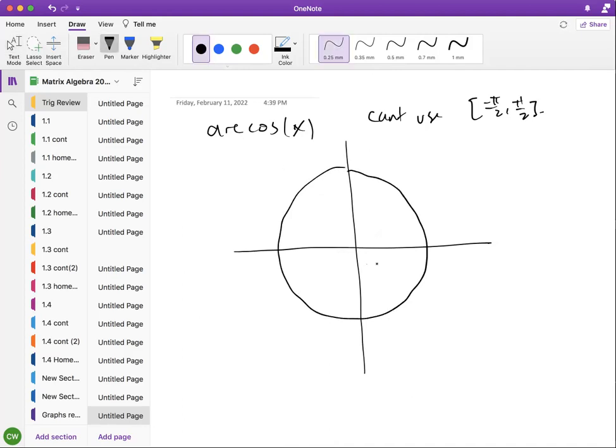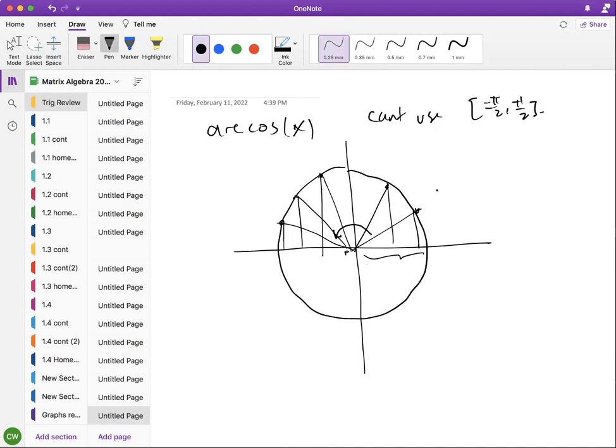So one that I can pick is this interval here. Notice that at every angle in this interval, I'm only getting one x value. So this has this x value, that x value, that x value, that x value, that x value.